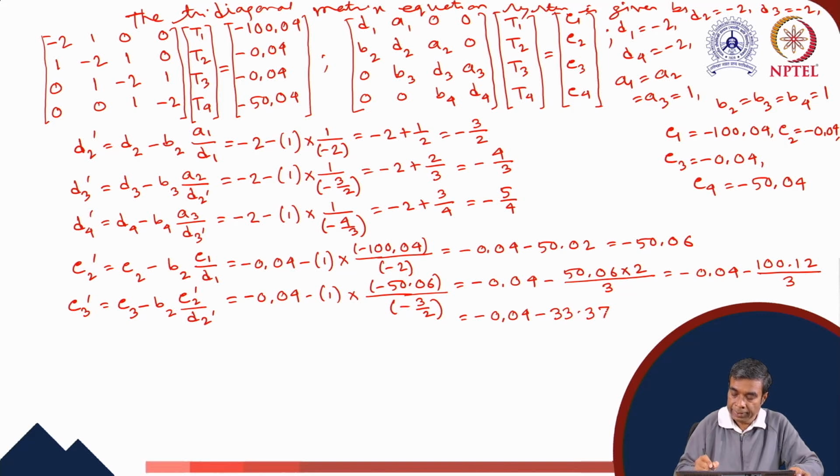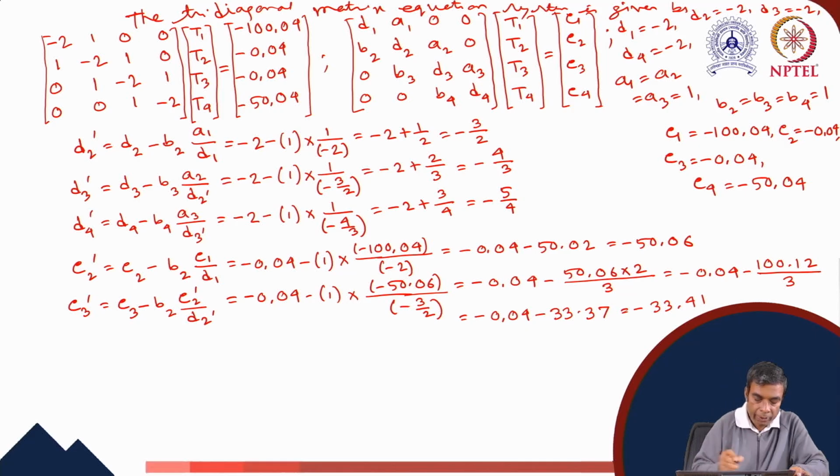Roughly we can take it as minus 33.37. So here we get it as minus 33.41 roughly. Then we have the last term C4 dash.